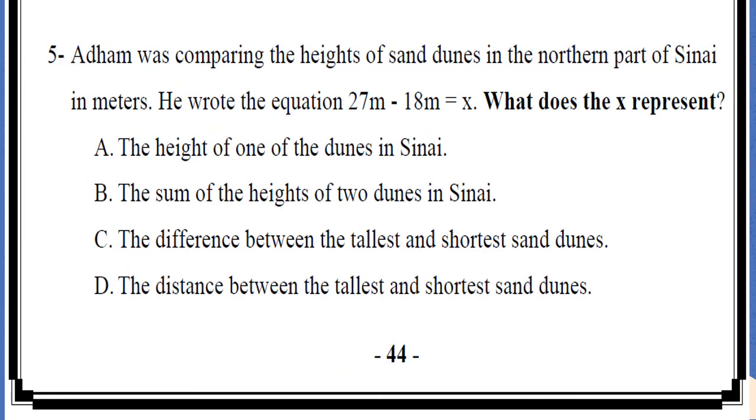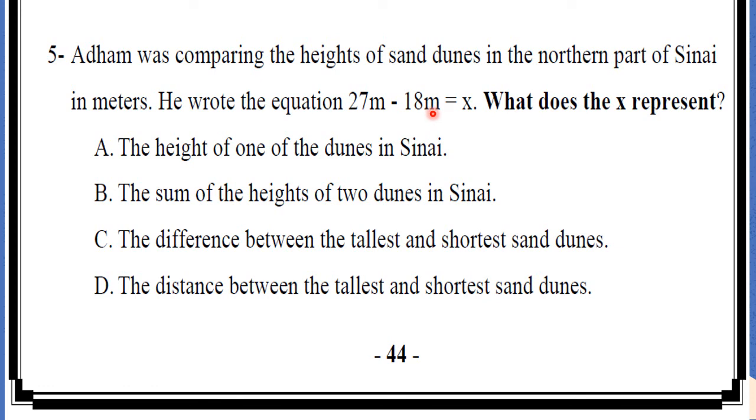And now, number 4. Adham was comparing the height of sand dunes in the north part of Sinai in meters. He wrote the equation 27 meters minus 18 meters equals x. What does x represent? Here is the highest one and here is the shortest one.